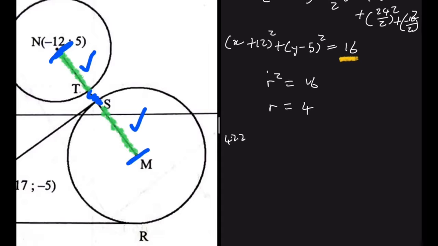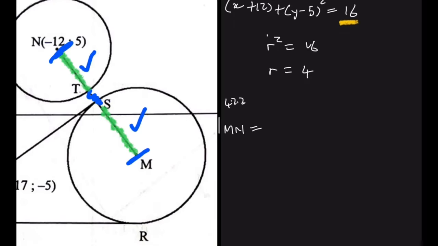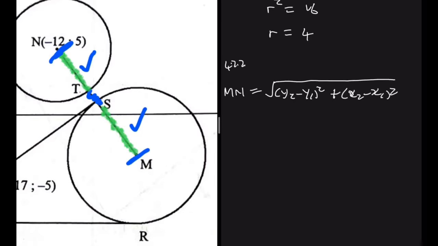So we can see that MN is equal to, we're about to use the distance formula now. So we're going to have the square root of (y2 - y1)² + (x2 - x1)², right? The coordinates of M, we have -6 and -3.